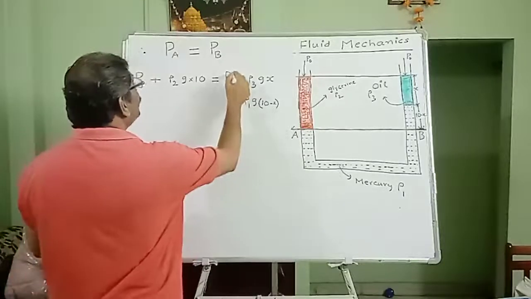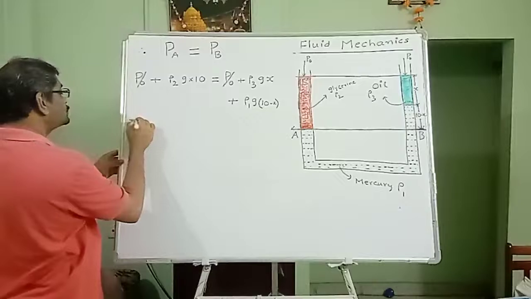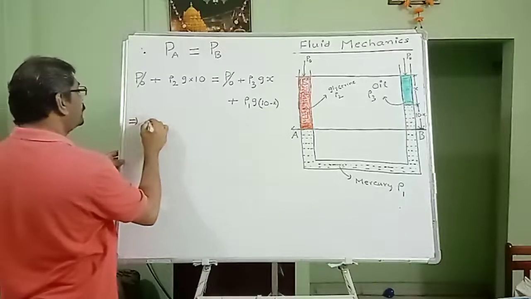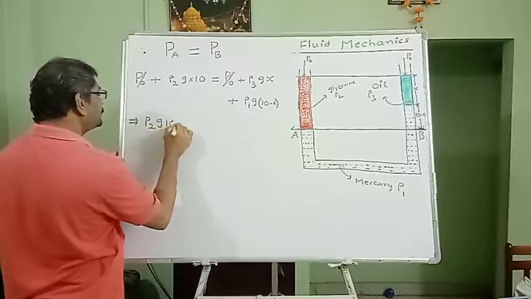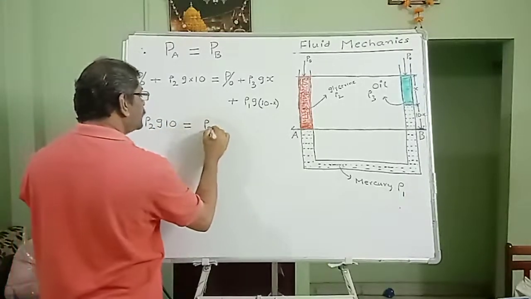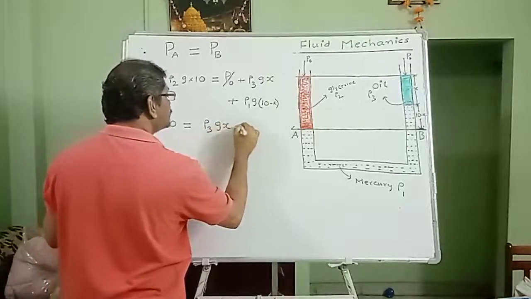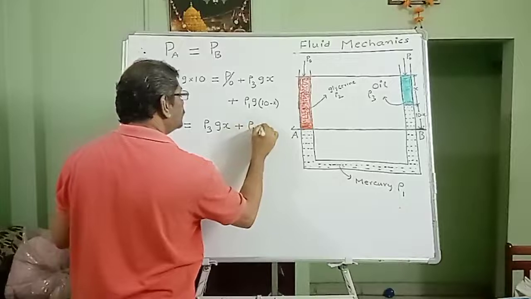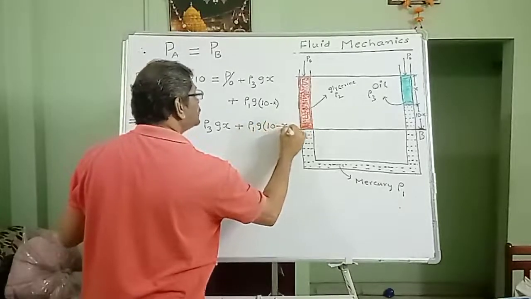Now I can cancel P naught on either side. What remains is rho 2 g into 10 equal to rho 3 g x plus rho 1 g multiplied by 10 minus x.